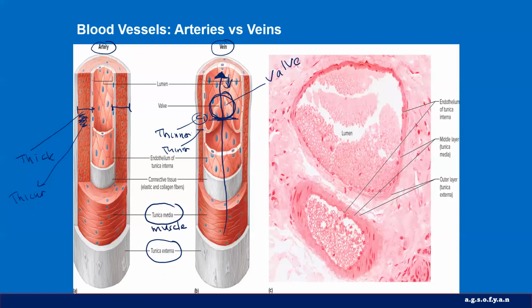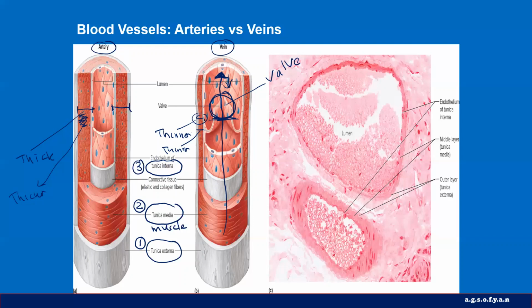And then the last layer is called the Tunica Interna, and this consists mainly of epithelial tissue. So there are three layers of the artery and vein: Tunica Externa outside, Tunica Media, this is muscle, and Tunica Interna inside.